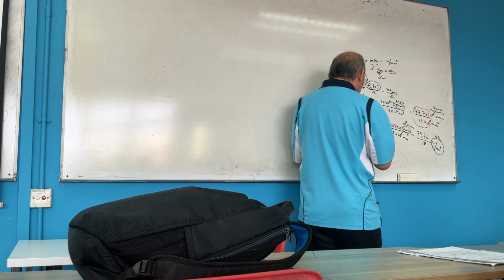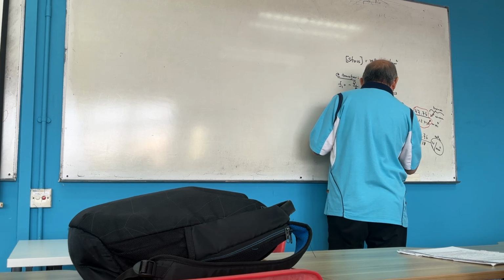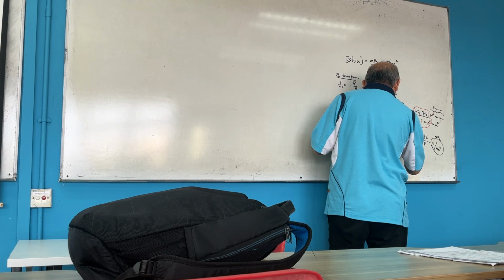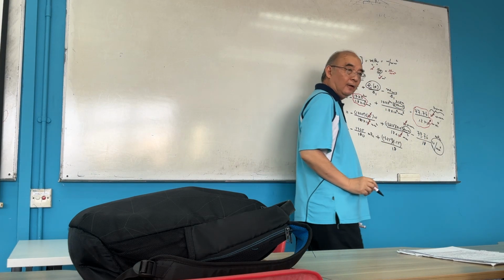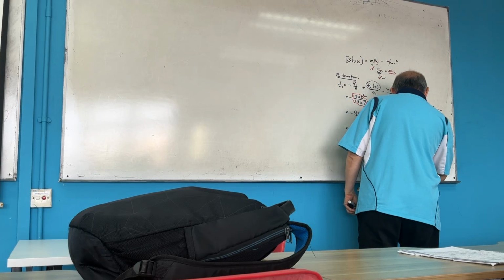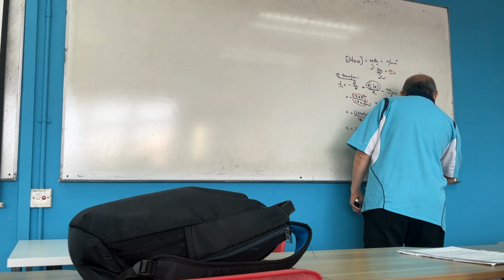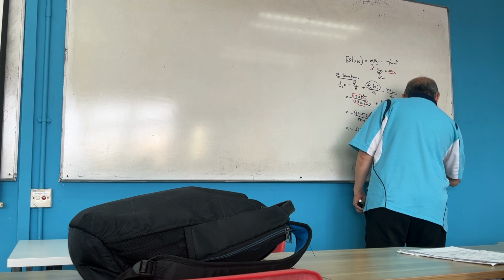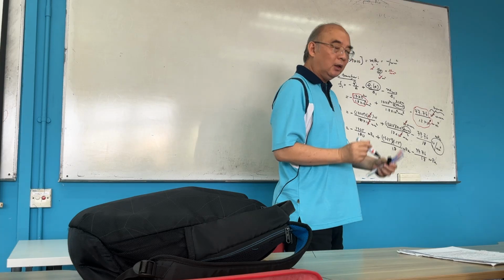Then this one becomes 1325 times 0.15 divided by 18, correct? Right? MPa. Then minus 7.76 divided by 18 MPa. Then my units are the same. Okay? Because different units cannot add together.